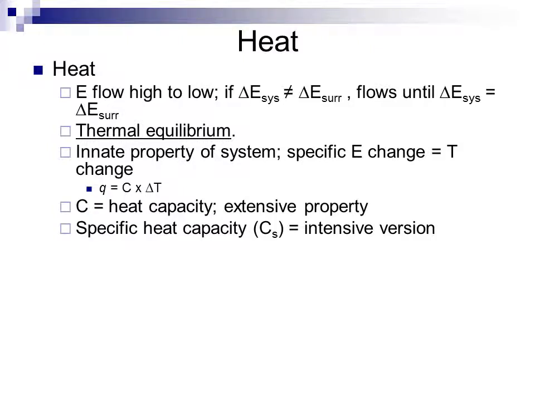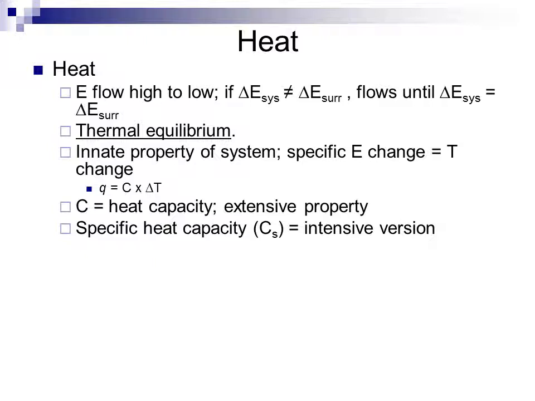Specific heat capacity, or C sub S, is an intensive version of heat capacity. Specific heat capacity relates to the material the substance is made of. For instance, iron itself has a specific heat capacity that is intensive to that element. All iron has the same specific heat capacity, regardless of the amount of iron we have in the sample.